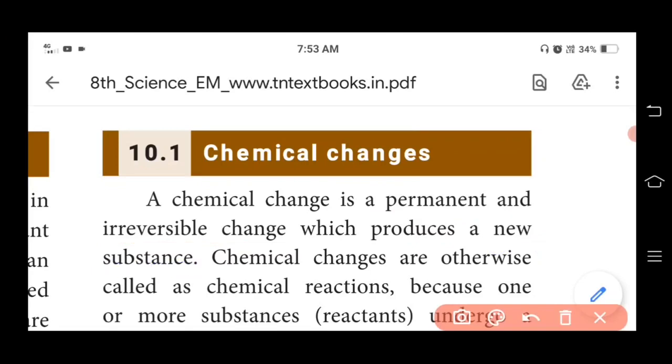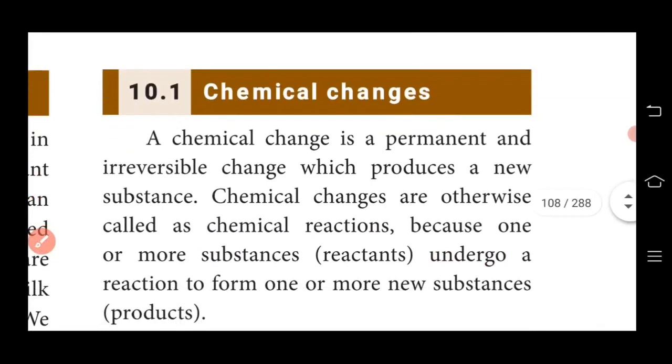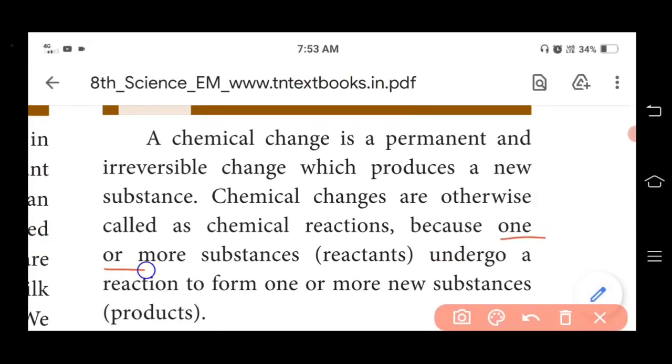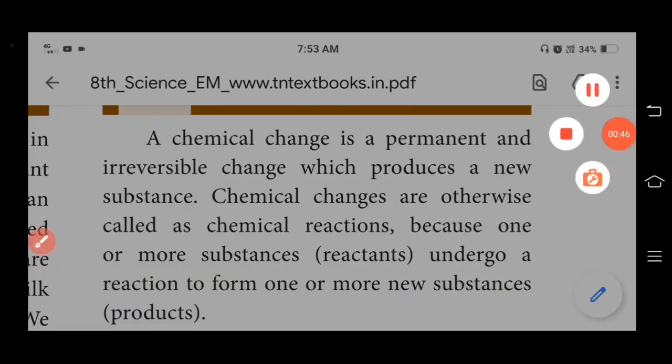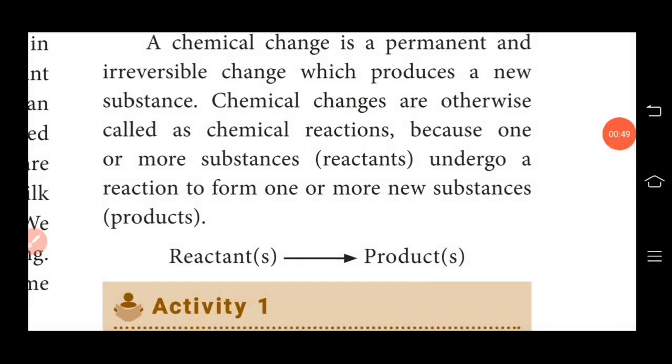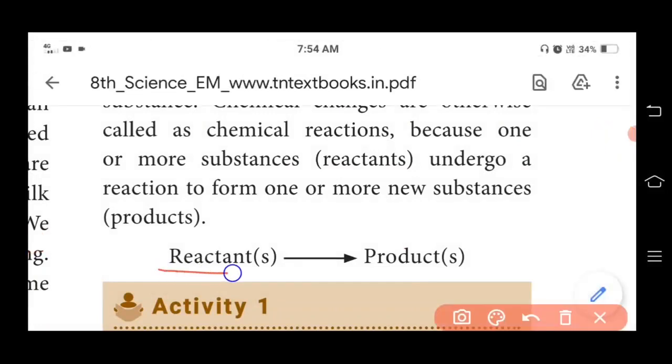Chemical changes are otherwise called chemical reactions, because one or more substances undergo a reaction to form one or more new substances. Students, the reactant will always be on the left side, and it gives the products during a chemical reaction.